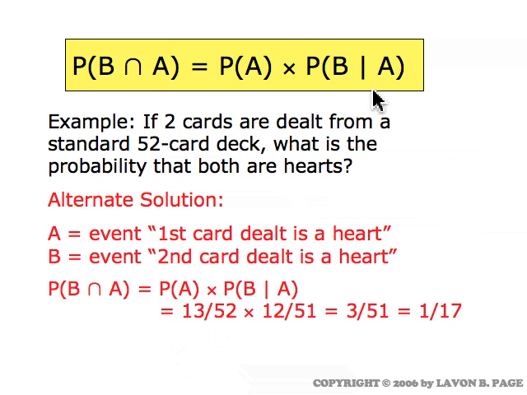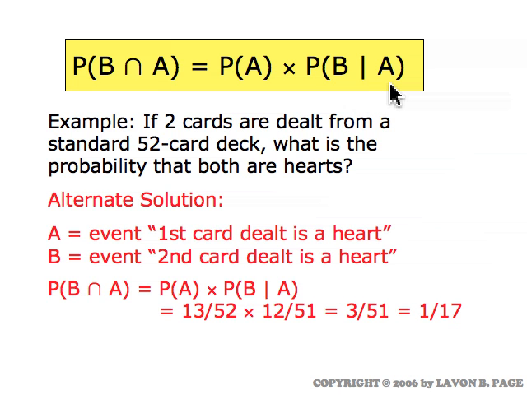Now let's come to this conditional probability. This says, what's the probability of B happening if you know that A happens? In other words, what's the probability the second card is a heart if you know the first card is a heart? Well, if you know the first card is a heart, what's left in the deck when you get ready to deal the second card?